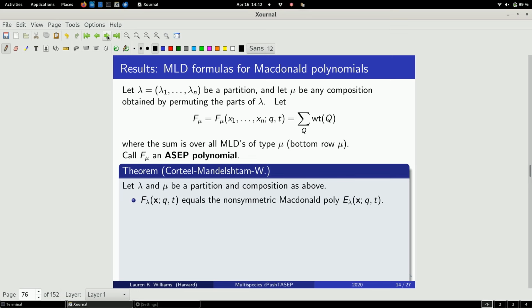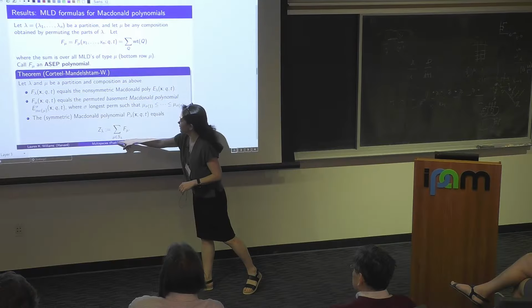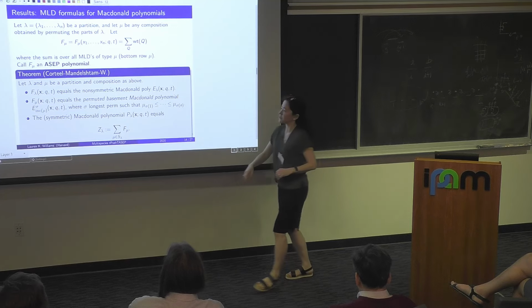Suppose that lambda and mu are a partition and a composition. So f lambda is going to be the non-symmetric Macdonald polynomial, E lambda. F mu, so the general ASEP polynomial, is going to be a particular permuted basement Macdonald polynomial. And the symmetric polynomial, P lambda, is going to be exactly what we get if we sum up all the ASEP polynomials, F mu, where mu varies over all compositions I can get by permuting parts of lambda.